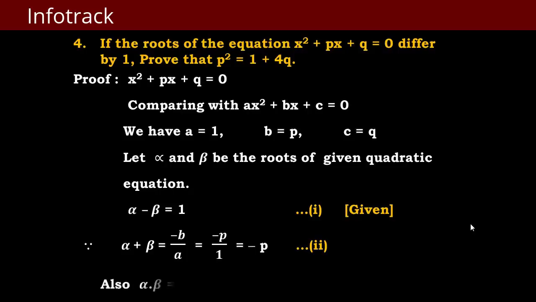And alpha into beta is equal to c upon a, that is equal to q upon 1, statement number 3. See, this is the formula. Now see student, we have alpha minus beta is 1, alpha plus beta is equal to minus p and alpha into beta is equal to q. So with the help of this, we have to prove.